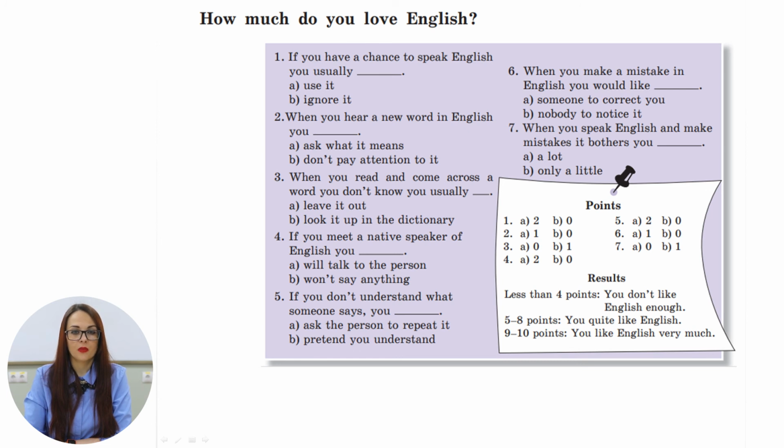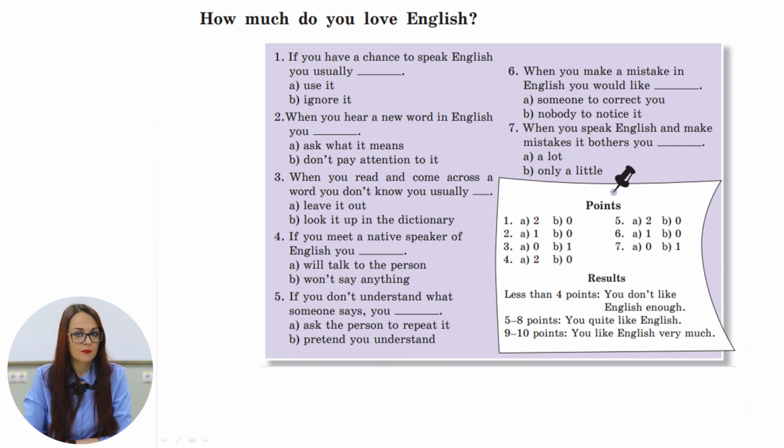Number 4. If you meet a native speaker of English, you will talk to the person or you won't say anything. Number 5. If you don't understand what someone says, you ask the person to repeat it or you pretend you don't understand.